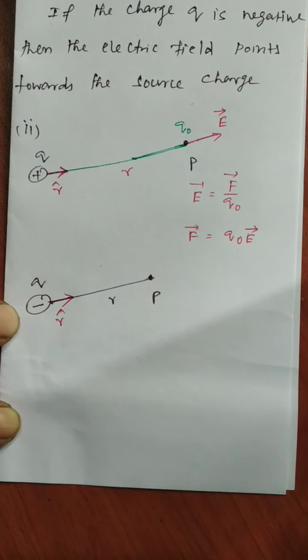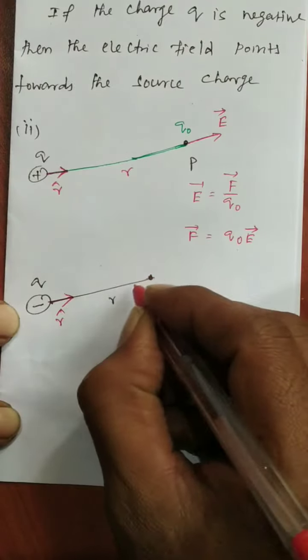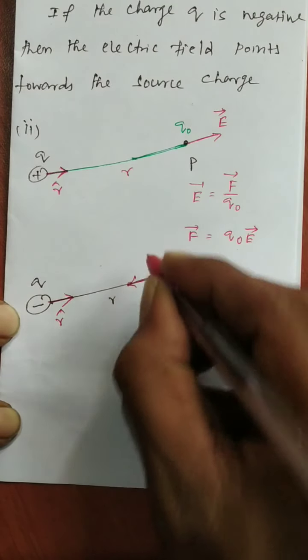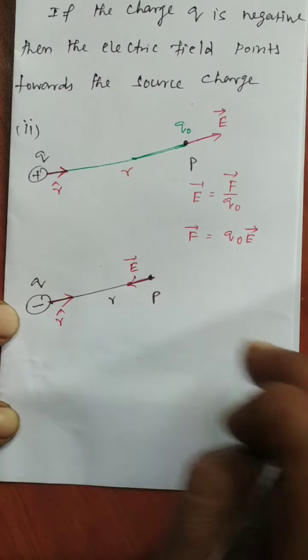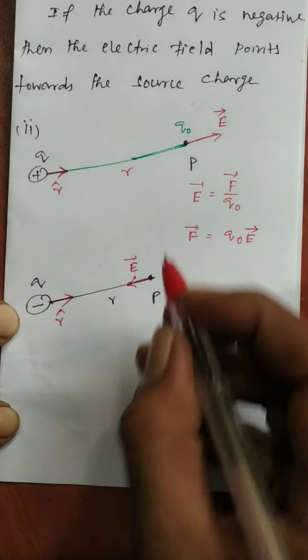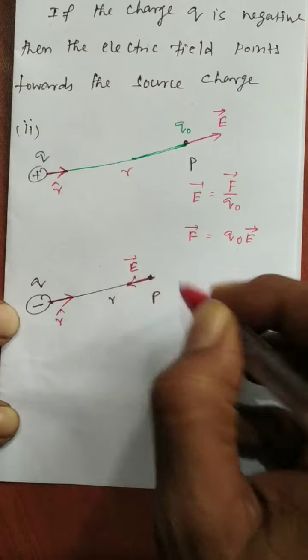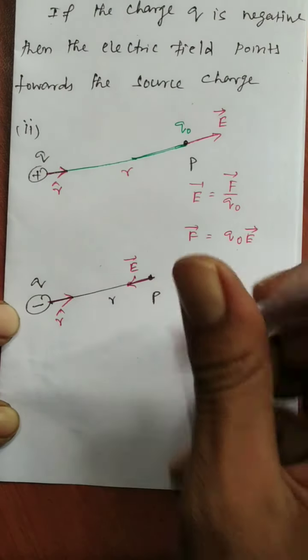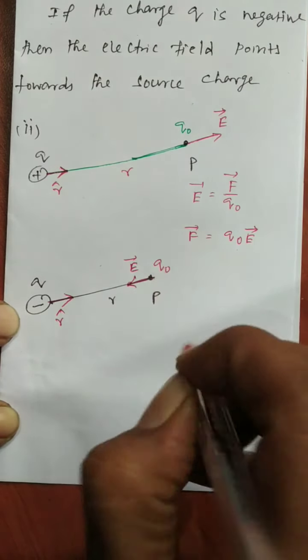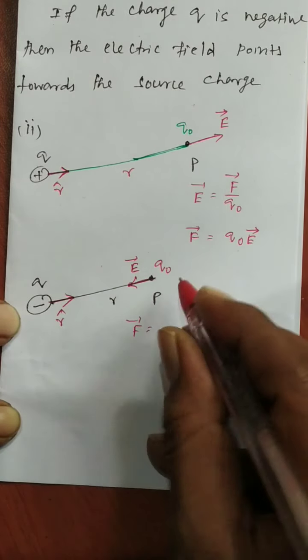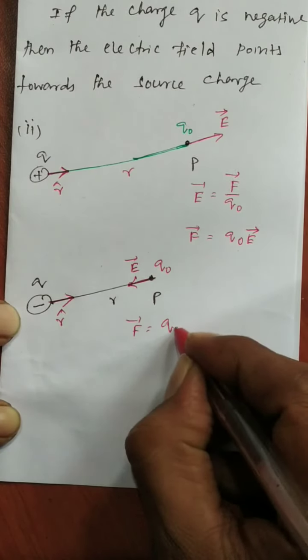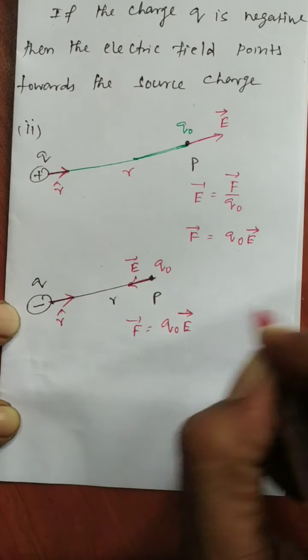The electric field at this point will act inward, because this is a negative charge. Here we keep the positive test charge Q naught. The force acting here is the same way, F vector is equal to Q naught E vector.